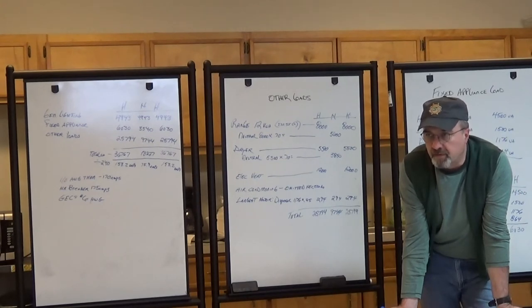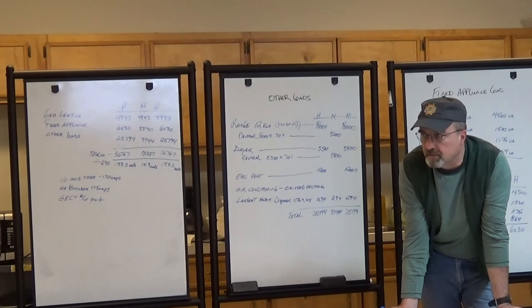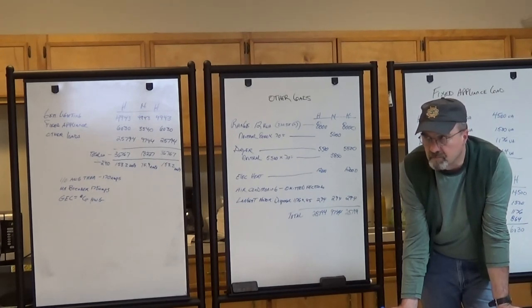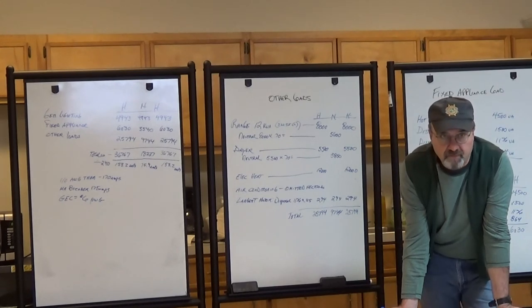How many 15 amp breakers or spaces in that panel board are we going to need to cover 33.75 amps? How many 15 amp circuits just for the general lighting load? Three 15 amp circuits, right? That'll be good for 45 amps.